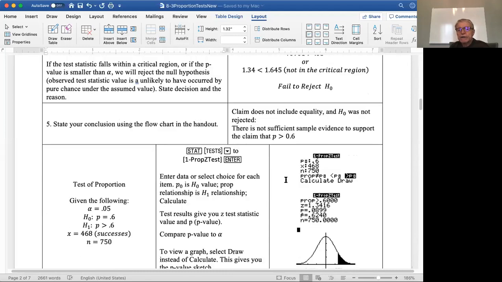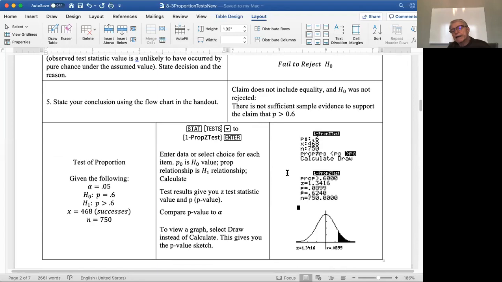And then the last thing we want to look at is that there is a hypothesis test for proportion on the calculator that we can use, and you probably will be using. The hypothesis tests on the calculator give us two things.